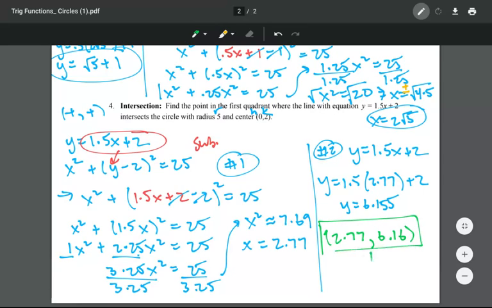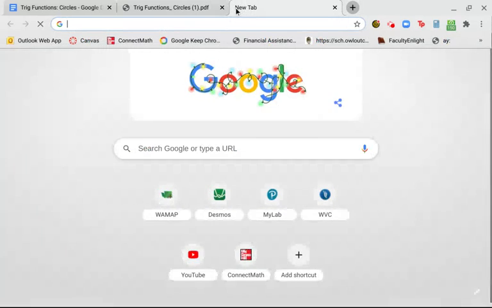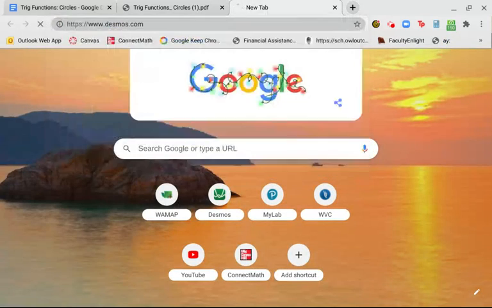A really great way to check this is by putting it right into Desmos. If you're not familiar with Desmos, that's okay. I'm going to step you right through it. I'm going to need both of those equations. So I'm just going to go back and forth between the two just a little bit. Let's go into Desmos.